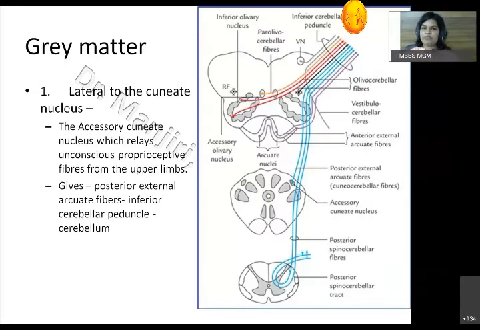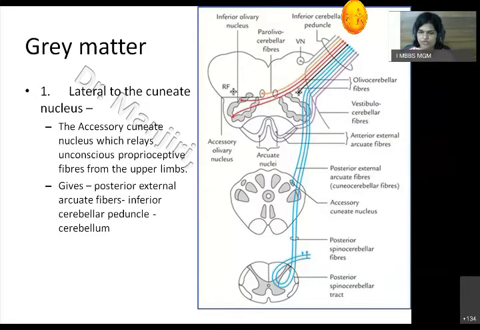So the proprioceptive unconscious fibers of the upper limb go to this accessory cuneate nucleus. After coming to the accessory cuneate nucleus, some fibers are given off, like the internal arcuate fibers we have seen. It gives posterior external arcuate fibers.